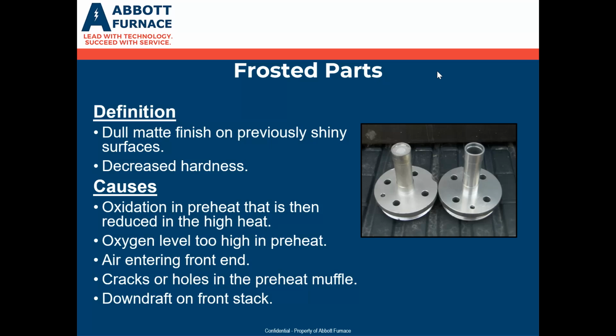So that's why we get that dull gray look as opposed to the bright shiny look. That's more than likely caused by air at the front of the furnace somehow, either through air getting in the front door or down the front stack, or a hole in the preheat muffle, or somewhere air can get in there. We're getting too much oxygen in the front end of the furnace.